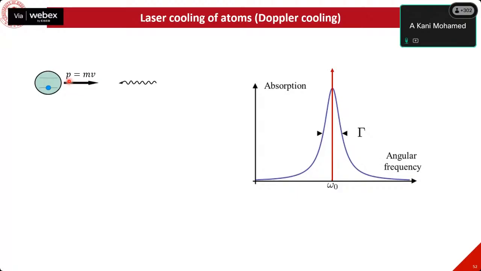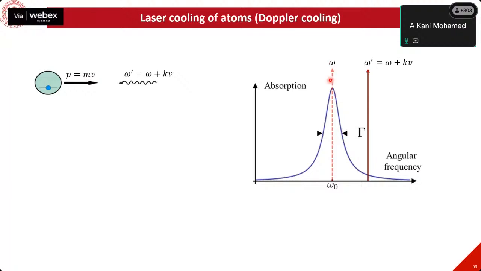But because the atom is moving, it will see this frequency slightly shifted. This is called the Doppler frequency shift. Although we send light at frequency omega, the atom is going to see light having the frequency omega plus kv, where v is the velocity of the atom and k is the wave vector of this laser.